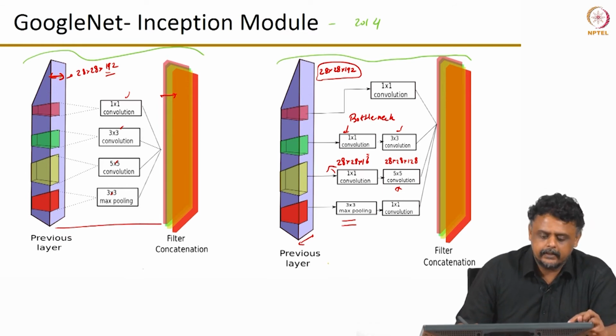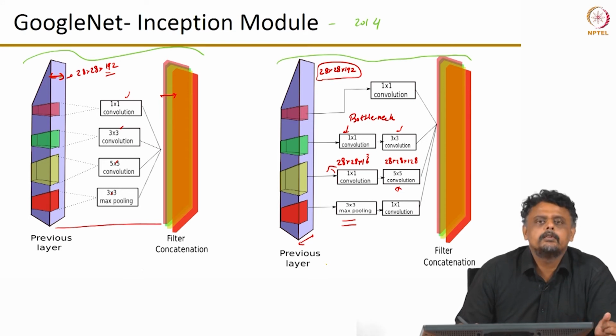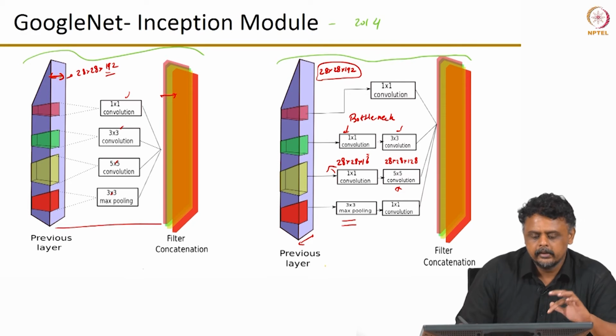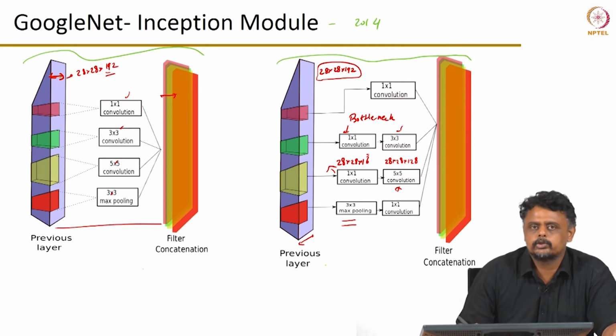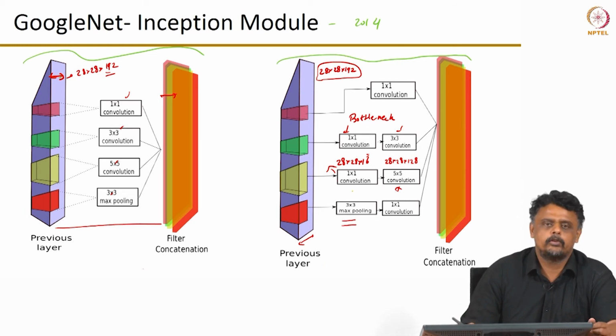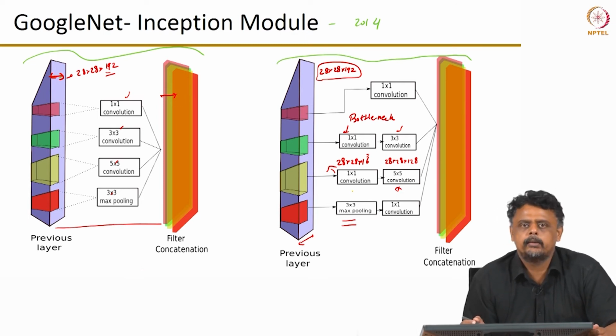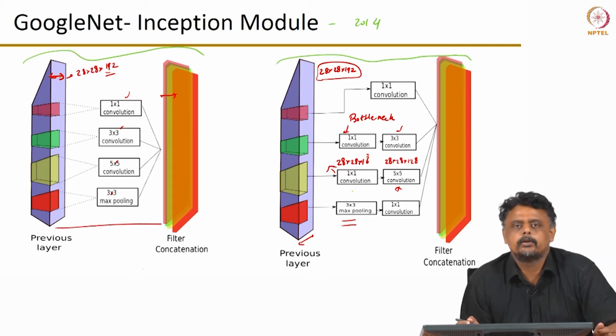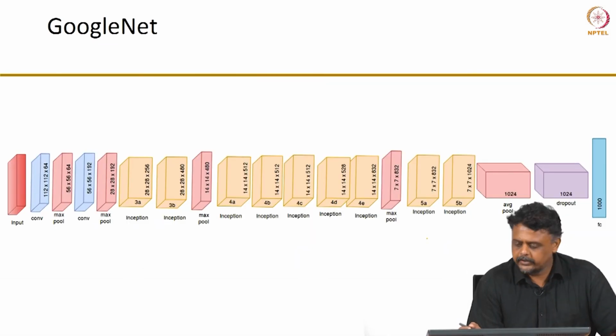In this case, the Inception module incorporates multiple convolution kernel sizes, just like in AlexNet we saw 11 cross 11, 5 cross 5, 3 cross 3, but here it is 5 cross 5, 3 cross 3, 1 cross 1 and a max pooling layer all in one module. And we also use these bottleneck 1 cross 1 convolutions to project the input volume to a lower depth before we do the 3 cross 3 and the other convolutions with larger kernel sizes. So, let us look at the network.